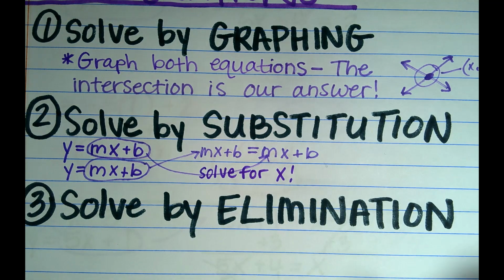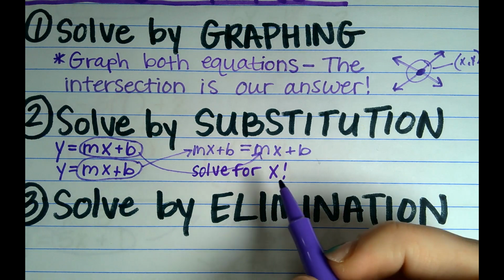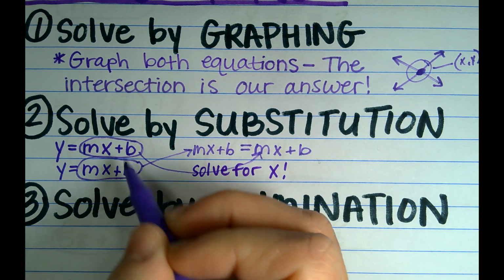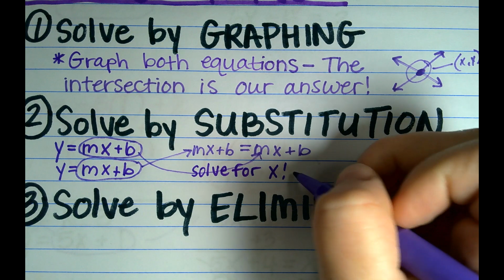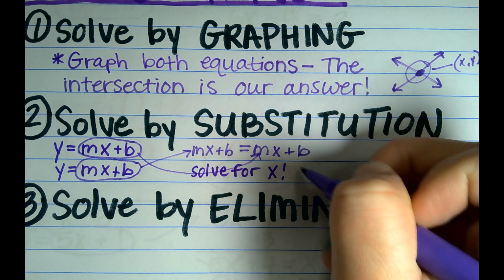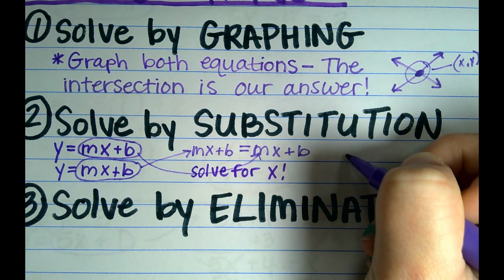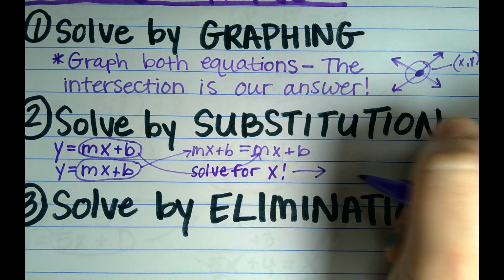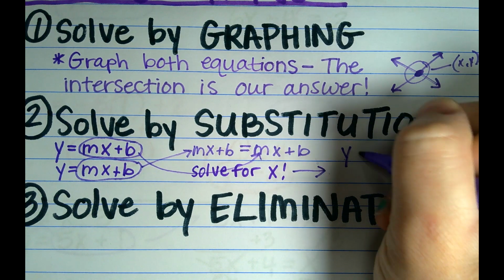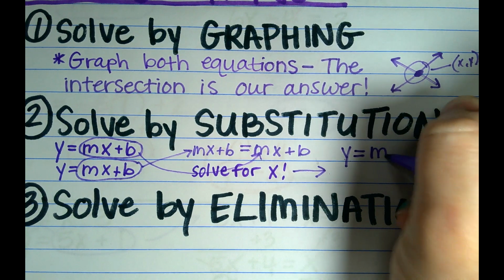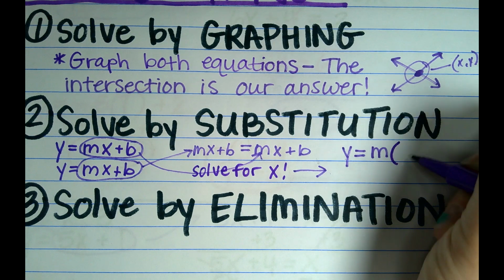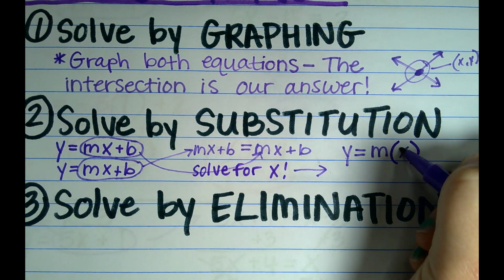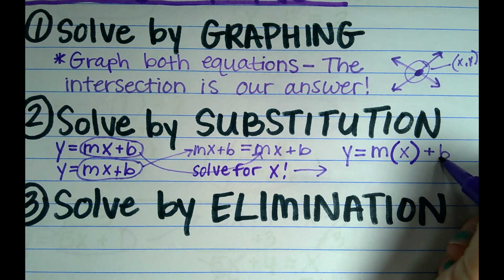Once we've solved for x, that's when we substitute the x value we found into either one of the original equations. So let's see, I'm going to write whatever we got for x, y equals m, there's where x was, plus b.